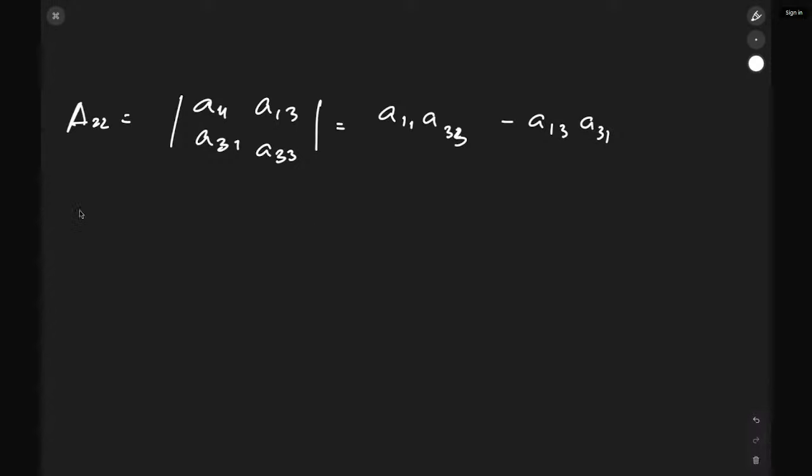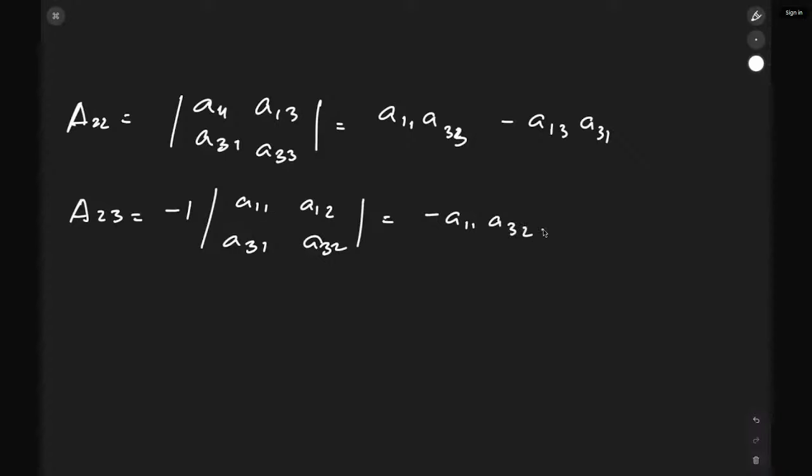Alright. Now A23, minus 1 times, what is this? A23. So it will be A11, A12, A31, A32. Alright. I'll be left with minus A11 A32 plus A12 A31.